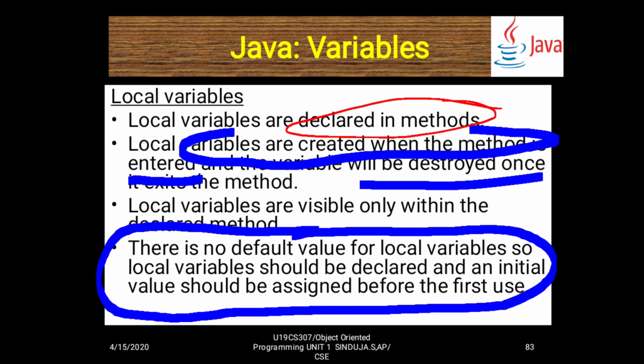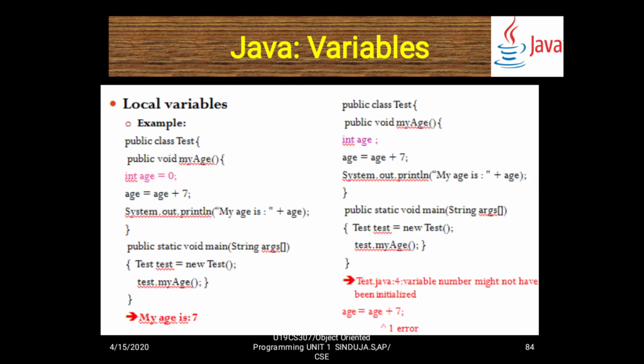This is a very important point, because local variables don't have any default value. For that purpose, in the Java programming language, if you are defining a local variable, you need to initialize that variable also. It is mandatory. There is no default value for local variables. So the local variable should be declared and the initial value should be assigned before it is used.